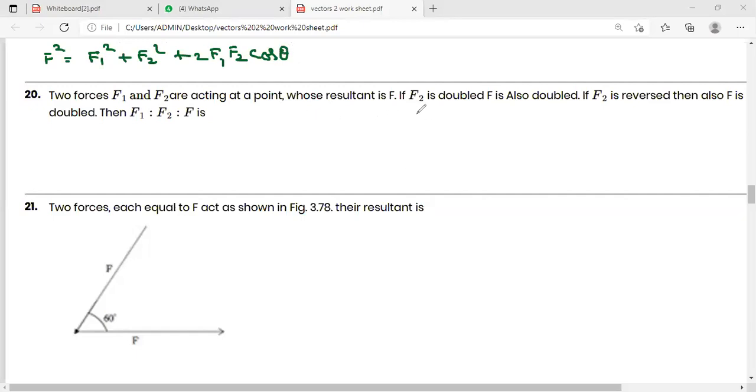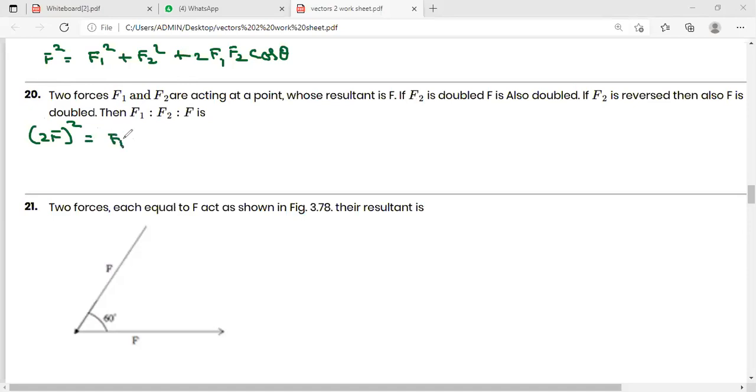Okay. And second one is, if F2 is doubled, in the sense the second vector magnitude is doubled there, then resultant force is doubled. F becomes how much then? 2F.